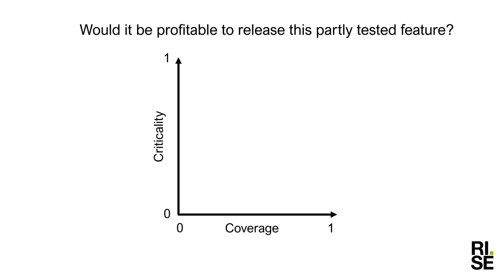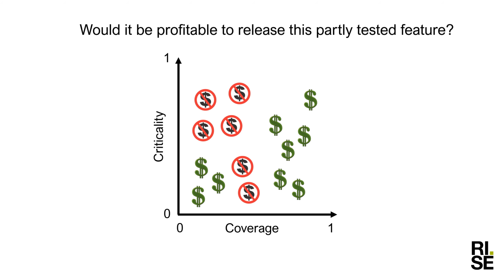On the x-axis we will see some type of code coverage, and on the y-axis a criticality measure of this feature. And then let the data look like this. So the green dollar sign here shows that in the past it was profitable to release a feature like this, and the red symbol here shows it was not profitable.